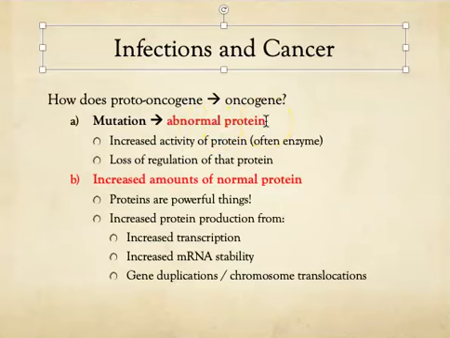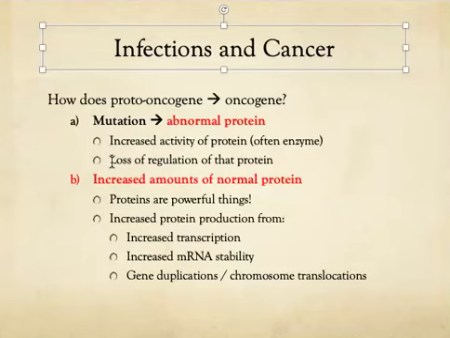Now, when it relates to cancer, as it does with an oncogene, this abnormal protein, it's not that it's inactive. That's not the problem. The problem is typically that it's more active than it should be. These proteins are often enzymes, and they're out in the cell behaving with more activity than they should have.